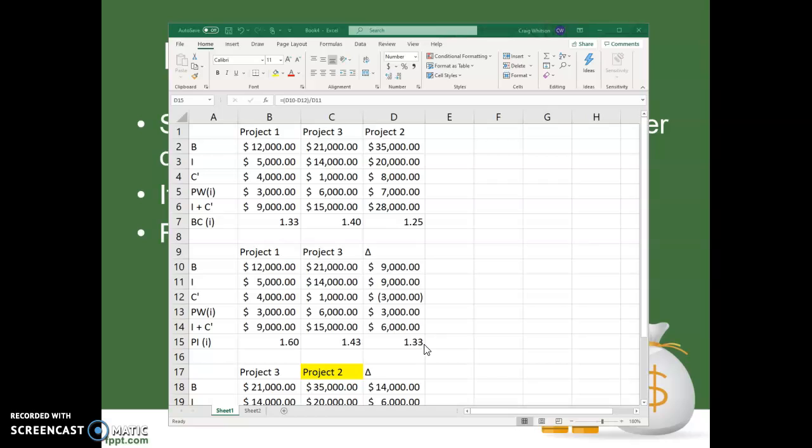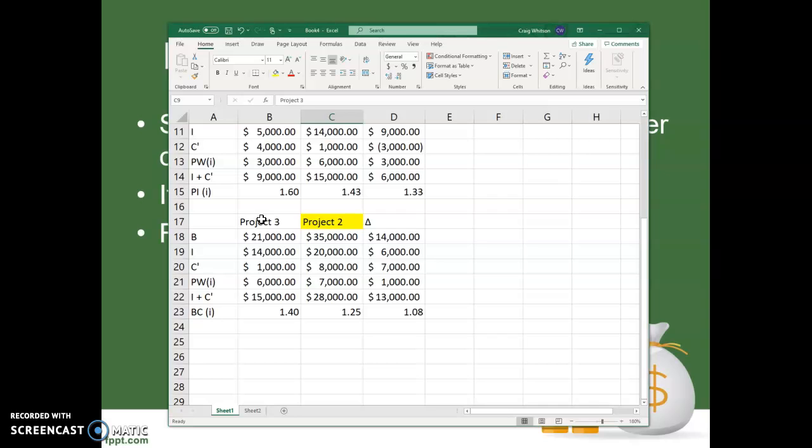So when we do this incremental analysis and we find the profitability index of those delta values, and we find that it has a profitability index greater than 1, that means we want to go with the more expensive option. So comparing projects 1 and 3, the fact that this value is greater than 1 means that 3 is the better option. So the winner of round 1 is project 3.